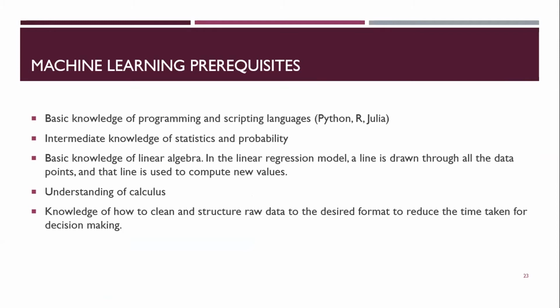In the real sense, you need a lot of mathematics knowledge to be able to do machine learning. But because of the libraries that people have built, they've done all the mathematics under the hood. So you just use the tools to apply machine learning skills.